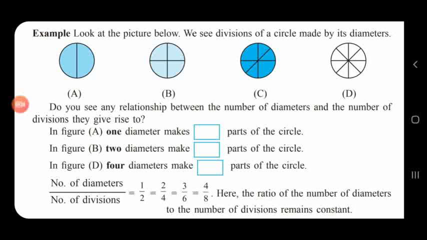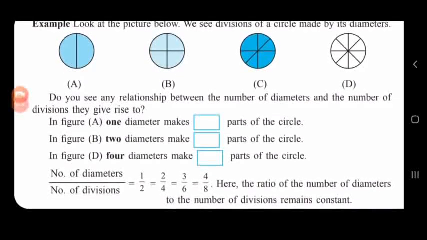Like that, in the fourth case there are 8 parts due to 4 diameters. If you see here, the number of diameters and the number of divisions, if we take their ratio, it is coming constant as 1 by 2. So here the ratio of the number of diameters to the number of divisions remains constant. So this is also an example of direct proportion.